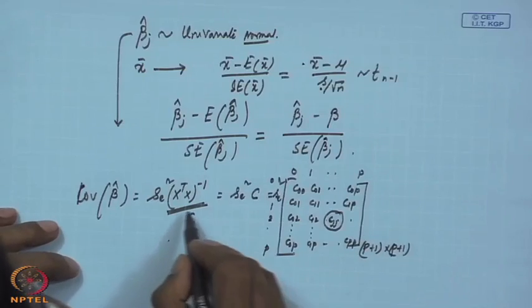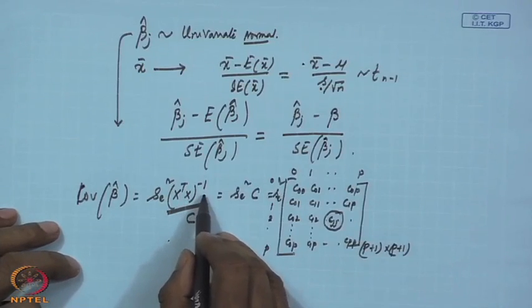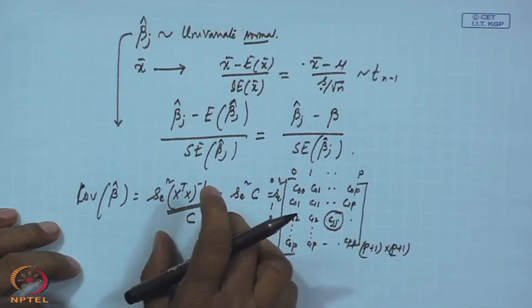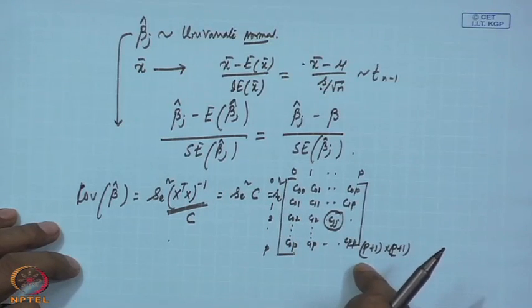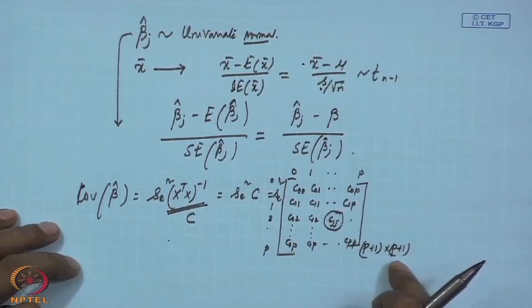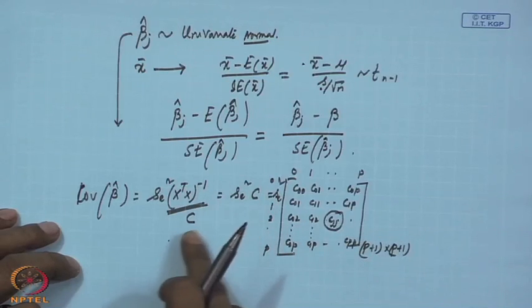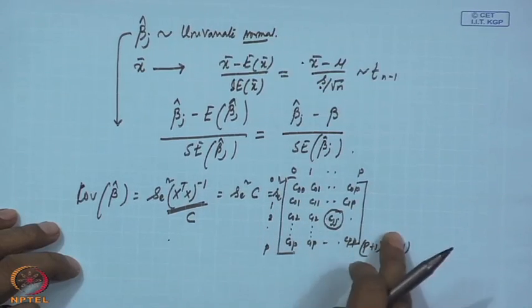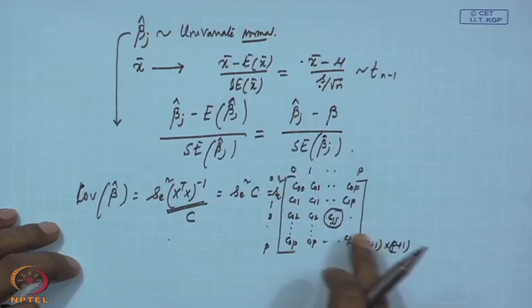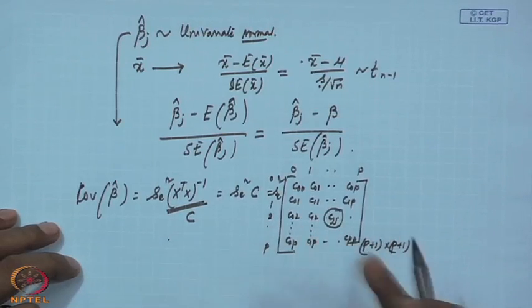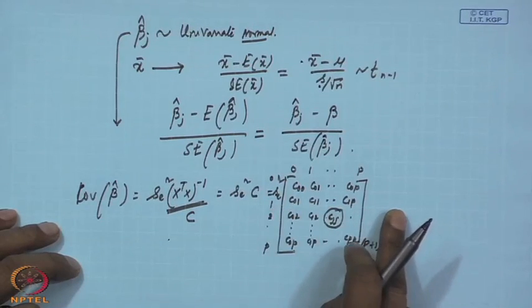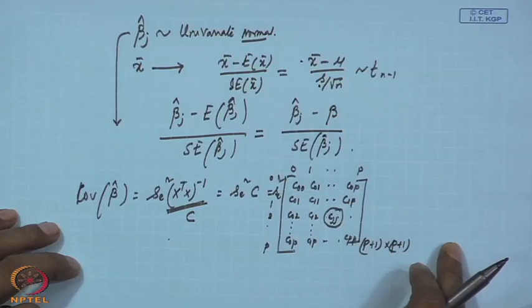Understood? So, what I am saying is that X transpose X inverse is a square matrix of the order p plus 1 cross p plus 1, and that we are writing in terms of capital C, and each element is C j k. Now, j goes from 0 to p, k goes from 0 to p.